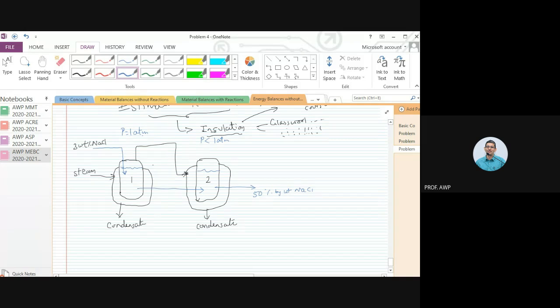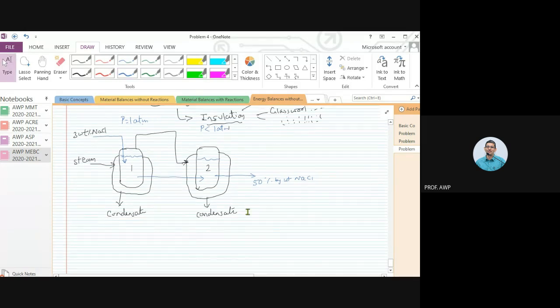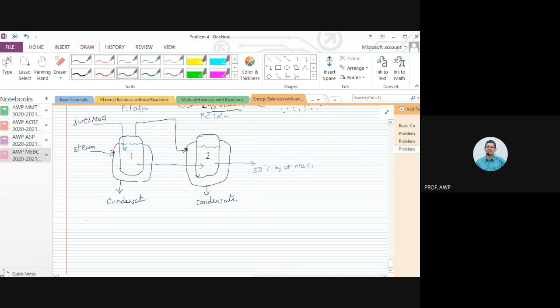Now, there are two ways in which we operate plants. One, continuous process.